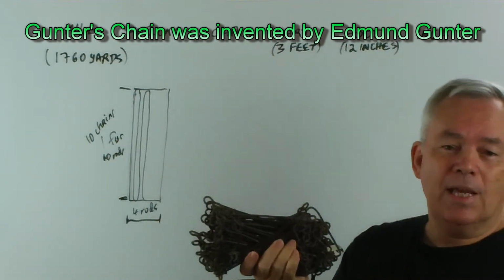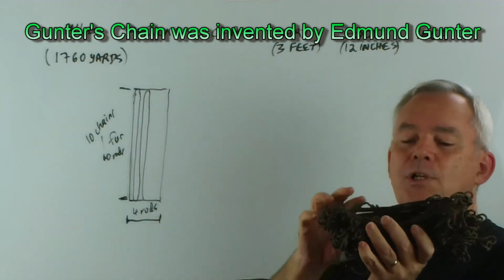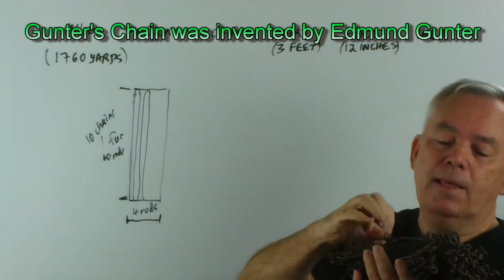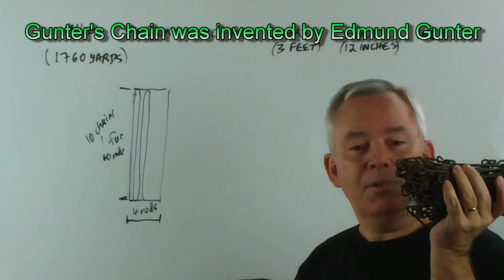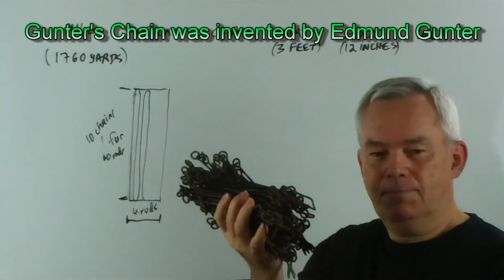And if people wanted to have a game of cricket, that person would go home and get their Gunter's chain, and they would stretch it out on the ground, and this was the distance between the stumps, the length of a cricket pitch. Gunter's chain.